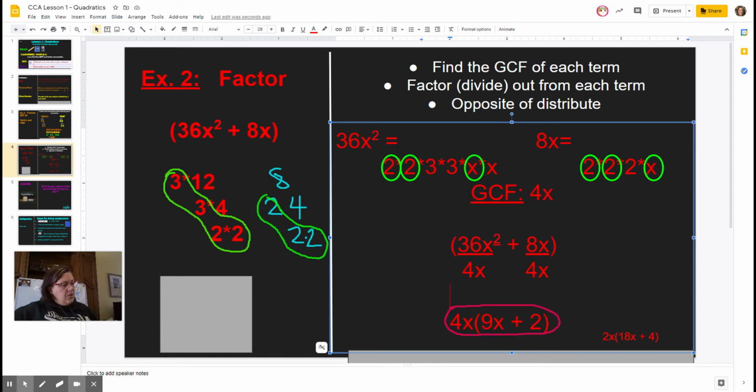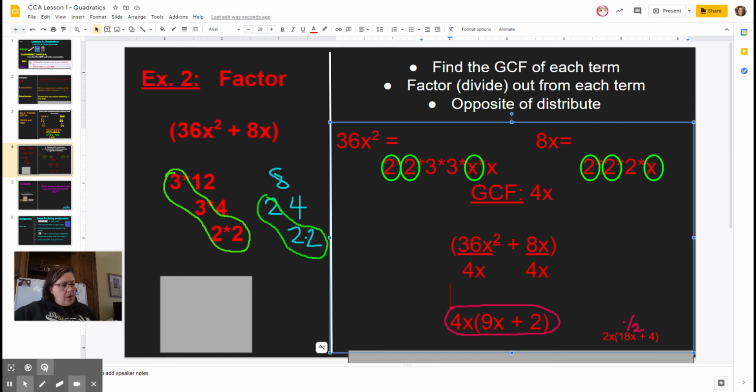But when I go down here to this little one in the corner, 2x times the quantity of 18x plus 4, both 18 and 4 can be divided by 2. So I know that this isn't completely simplified. So I would factor out that additional 2, and then multiply it with what's outside here. So that's where that 4x comes from.